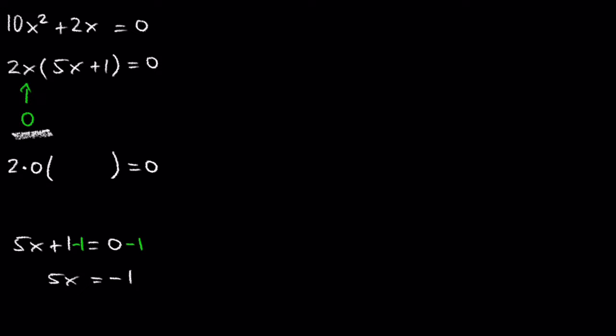And after dividing by 5 on both sides, we get x equals negative 1 over 5. So the solutions are 0 and negative 1 over 5, which we found out with factoring.